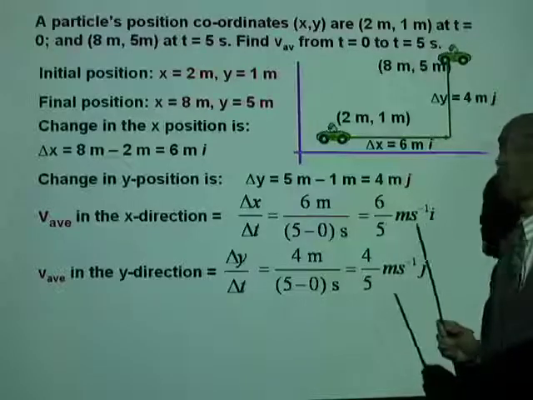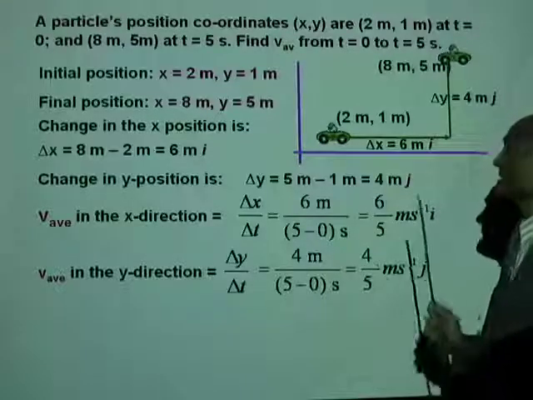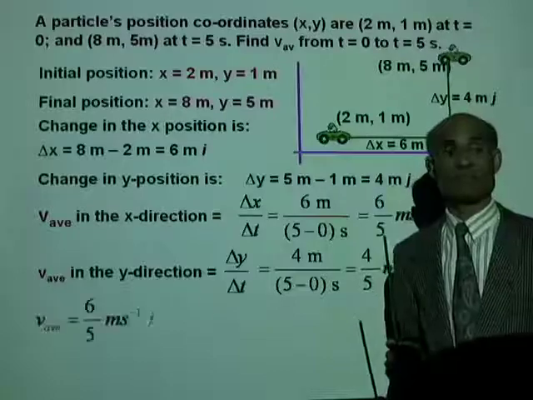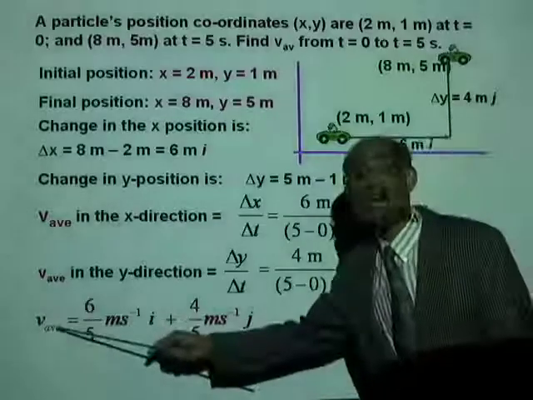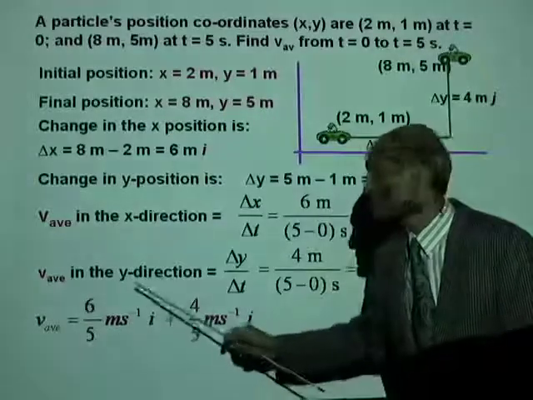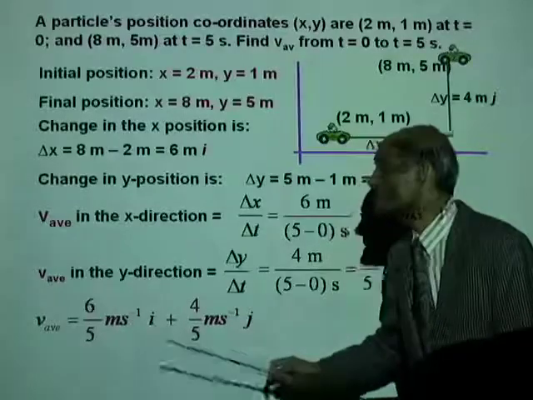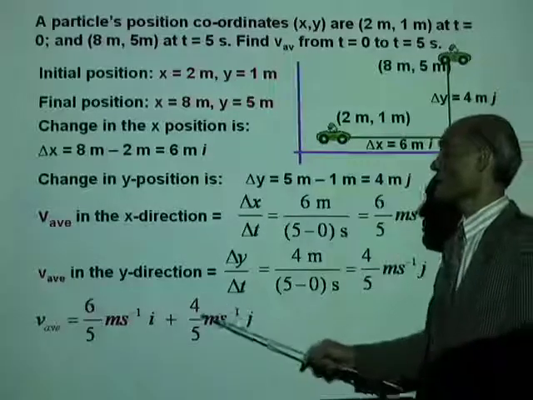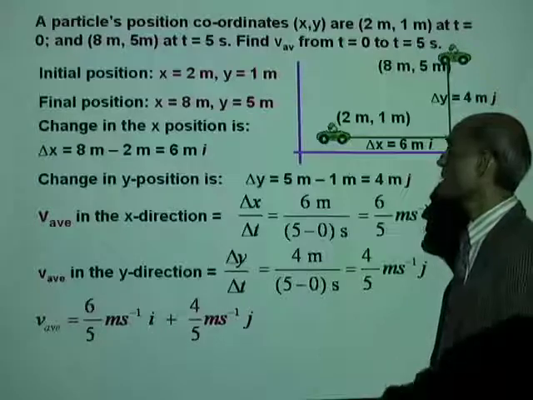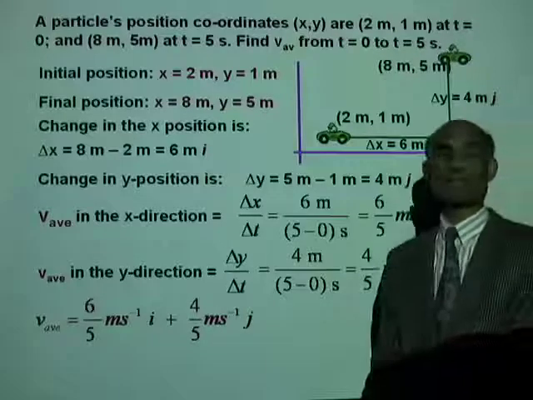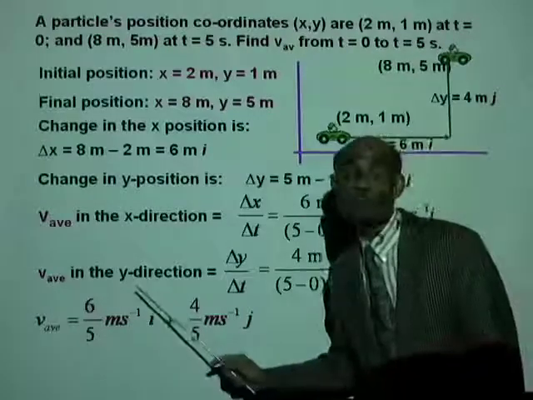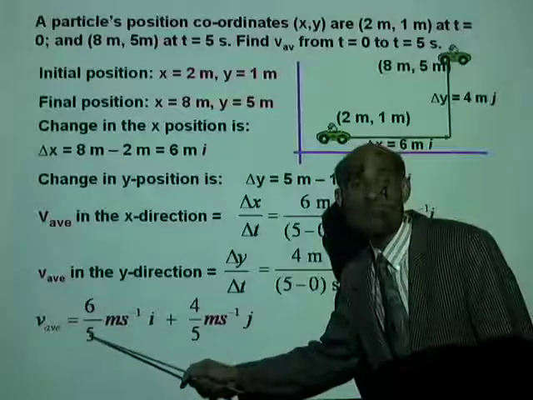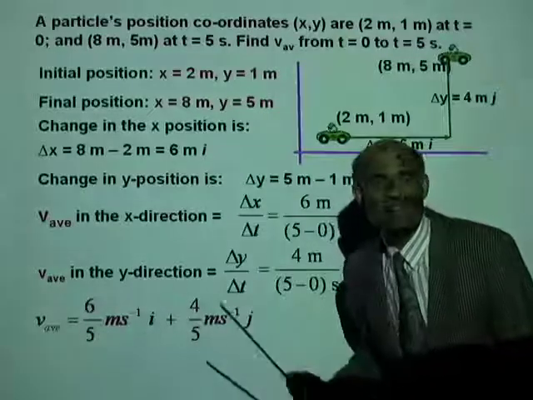That is 4/5 meter per second j. And therefore, V average, we write it like this: 6 over 5 meter per second i plus 4 over 5 meter per second j.